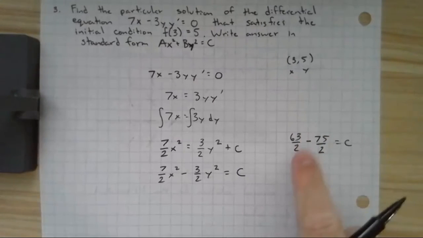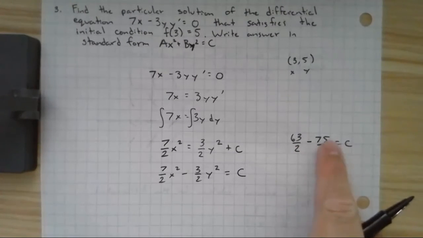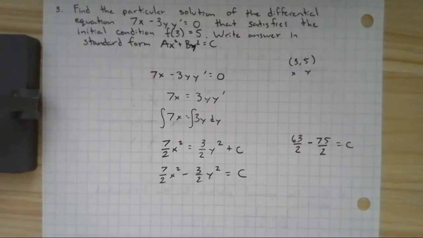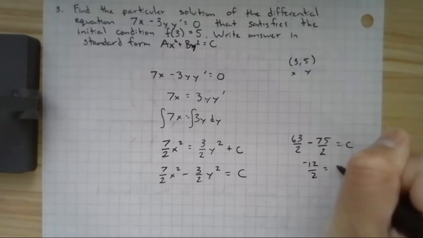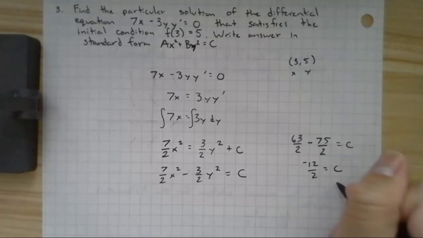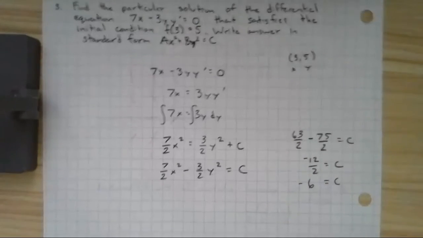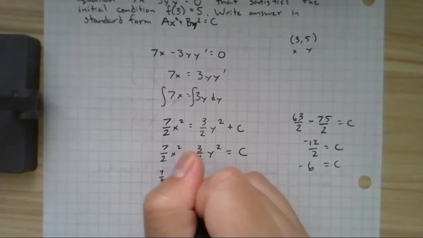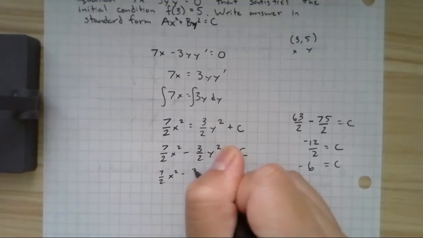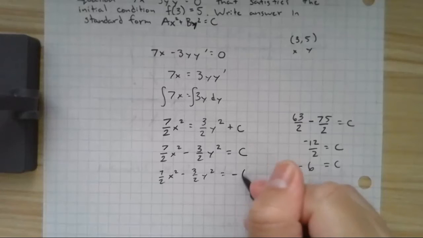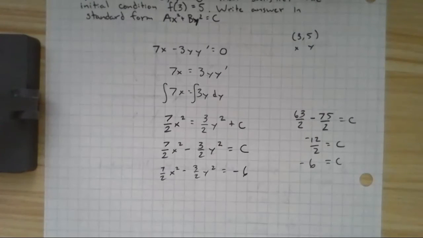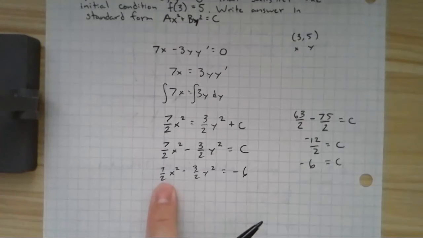63 over 2 minus 75 over 2 is going to be negative 12 over 2, which simplifies to c being negative 6. So 7 over 2 x squared minus 3 over 2 y squared is equal to negative 6. The very last step is to get rid of your fractions.